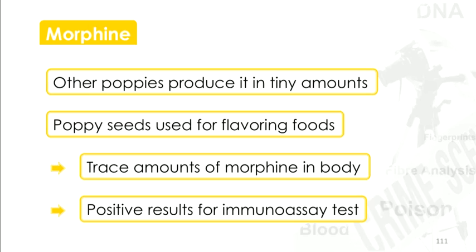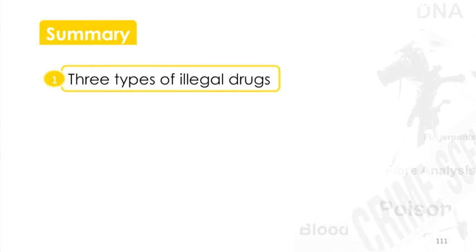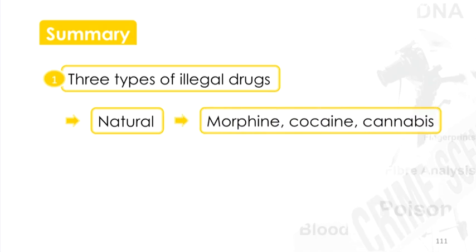So if we sum up what we've learned in this lecture, there are three types of illegal drugs. Natural compounds, which are extracted directly from the organism that produces them, such as morphine, cocaine, and cannabis.